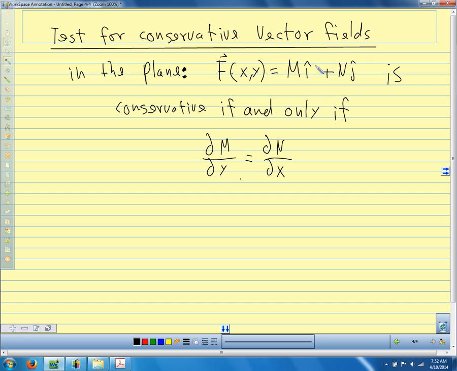We're saying M and N are nice functions with continuous partials. So this is our test for conservative vector fields.